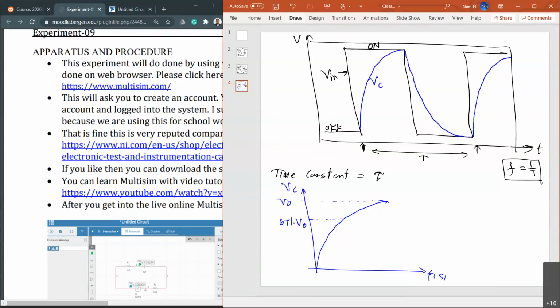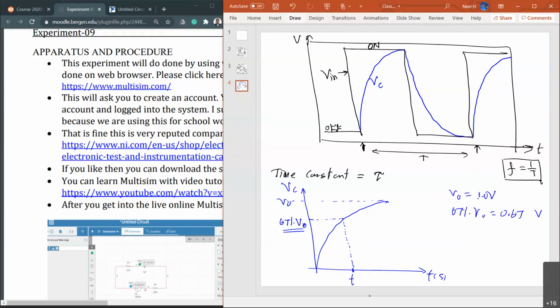Find 67% of V0. Let's say, for example, V0 is 1 volt. If it is 1 volt, 67% of V0 means 0.67 of V applied, so 0.67 volt. So you find 0.67 volt, or 67% of V0, and then go in the downward direction and figure out this time right here.